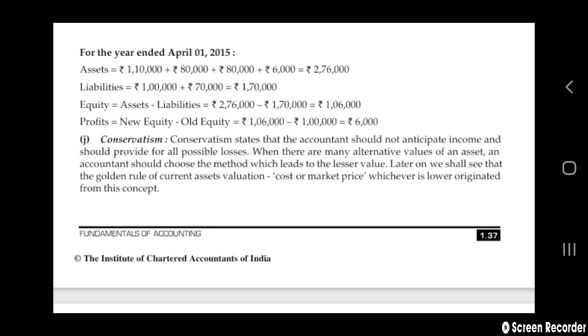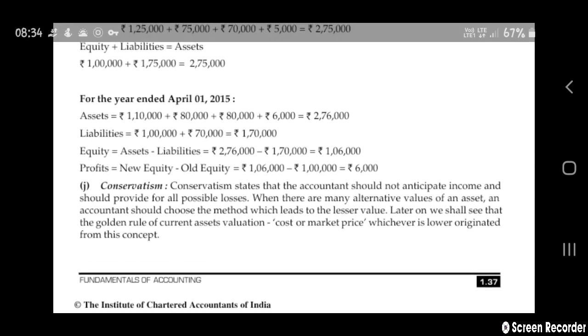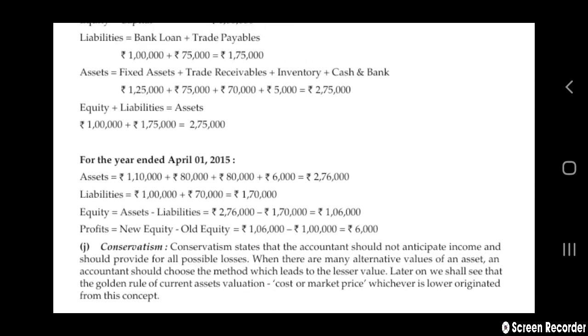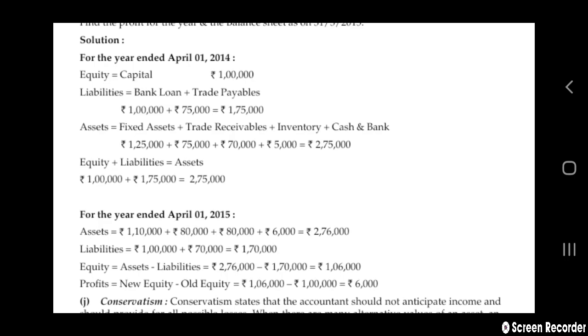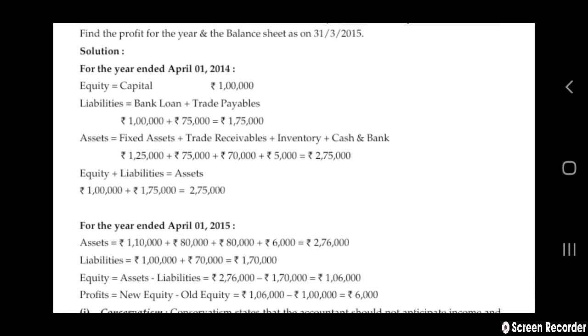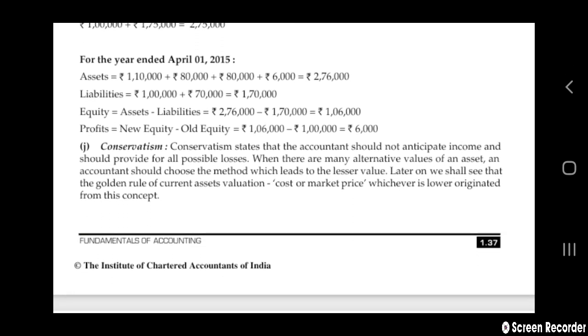So totally, equity is assets minus liability. Therefore, it will be 1,06,000, which is the amount you get in equity. Profit is what you got, how do you know? It is 1,06,000 minus 1 lakh, that is, the 1,06,000 equity minus the equity capital of 2014. What you had in 2014, 1 lakh, you have given as expenditure, so in total you will have 6,000.